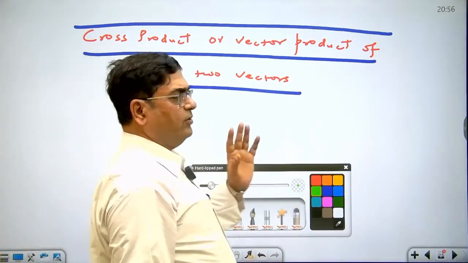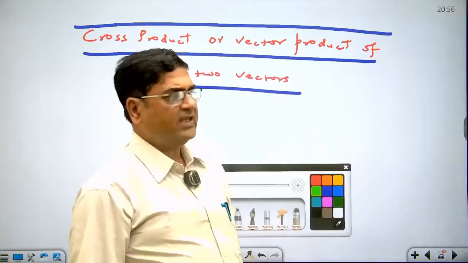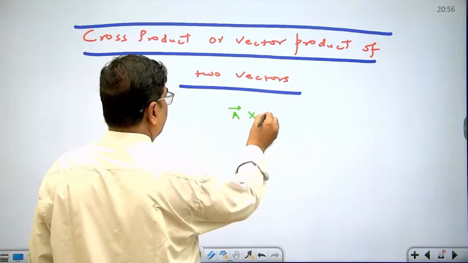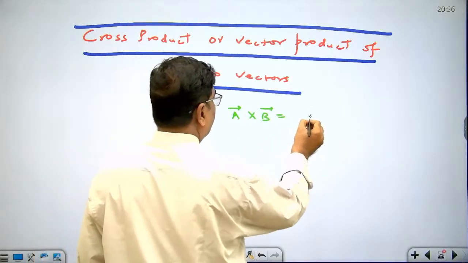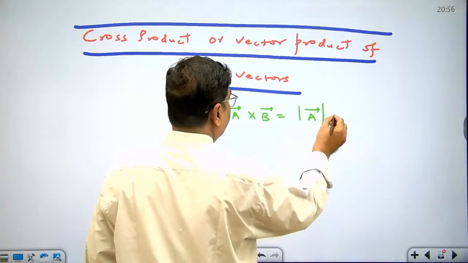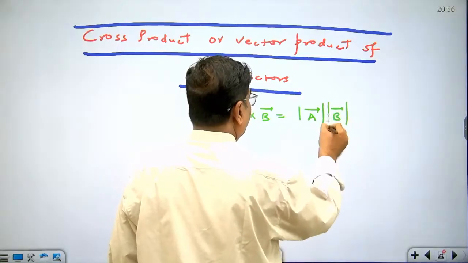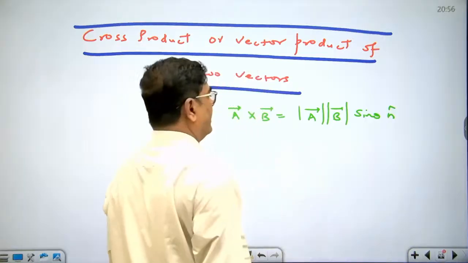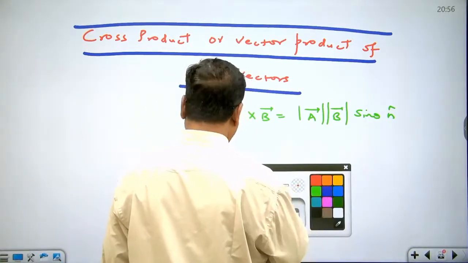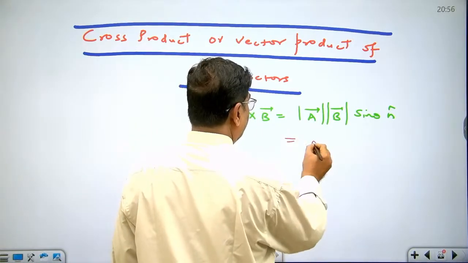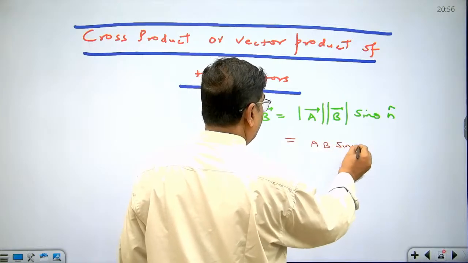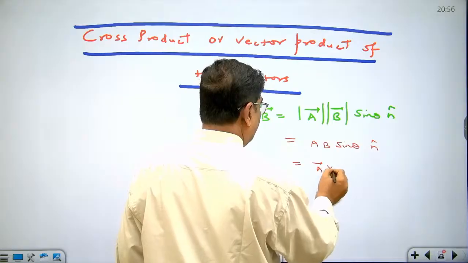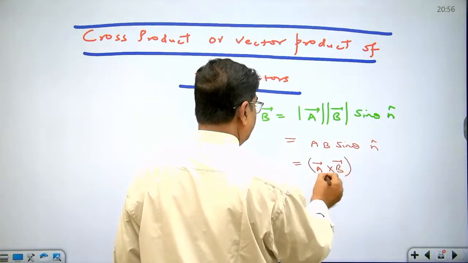Now, dear student, what is the cross product? How is the cross product defined? The cross product of two vectors A and B is defined as the magnitude of vector A multiplied by magnitude of vector B multiplied by sine theta into n cap. Here n cap is a unit vector that indicates the direction of A cross B. This AB sine theta is the magnitude of A cross B.